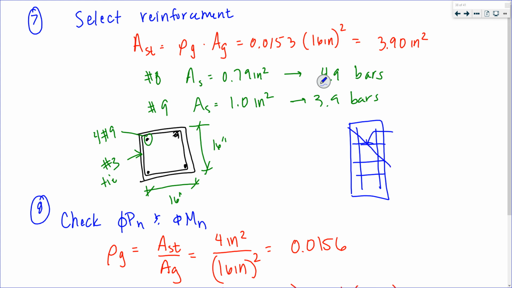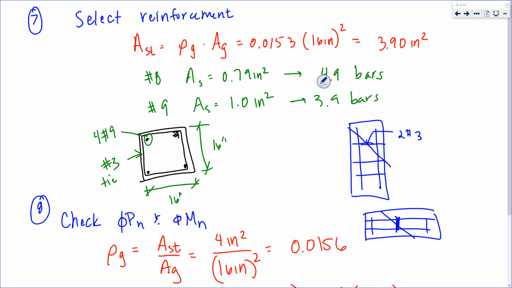AV is 2 number 3s. It's just like a beam, thinking about it that way. But I'm only looking at the stirrups, not the longitudinal bars.